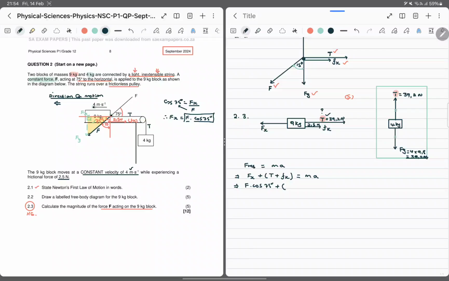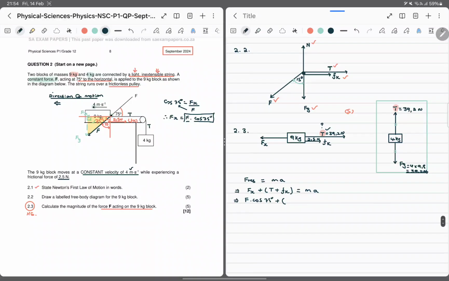Now remember, the other thing I forgot to mention, we need to choose a direction. So we will choose to the right as positive. So always make an attempt to choose the direction of motion as positive. It makes life a lot easier. This is very important, because if we haven't made a choice, it can get very difficult for you as a student and sometimes the marker to follow you. Now this is opposing that force.